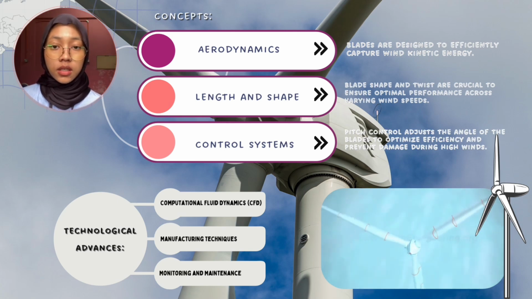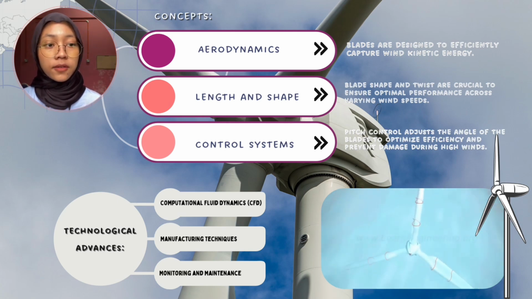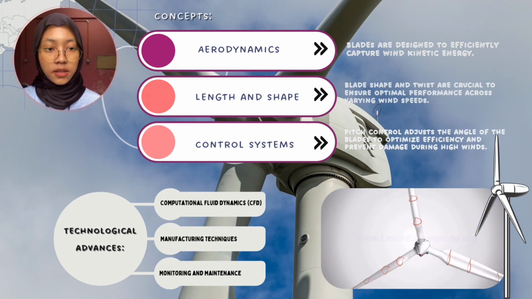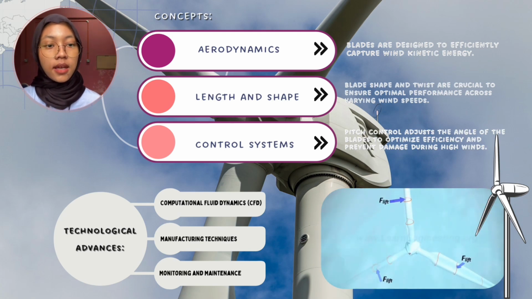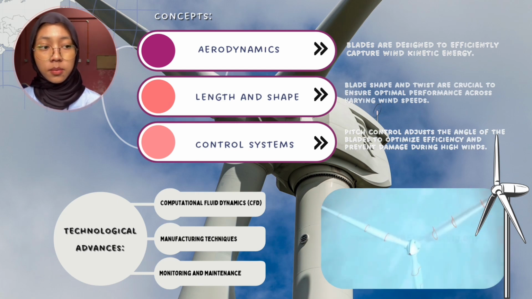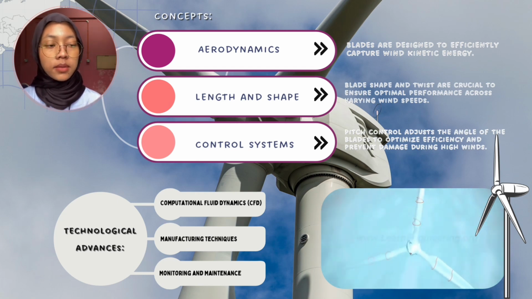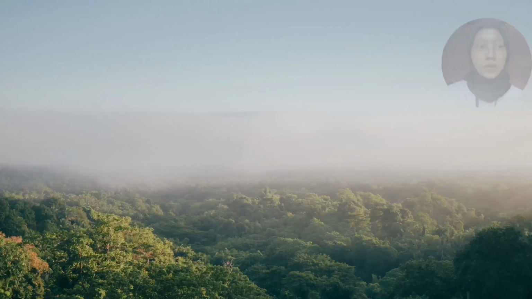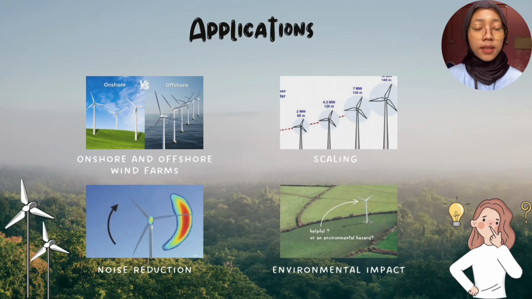And for the technological advances, there is computational fluid dynamics, which is CFD, and manufacturing techniques. And lastly, monitoring and maintenance. As we can see in the video below, that is how the wind blade is structured on a wind turbine. As for the application itself, it can be found on onshore and offshore wind farms, and then the scaling of sizes, which is important for the application of wind turbines because in my understanding, the bigger the wind turbines, the more power energy they can absorb.